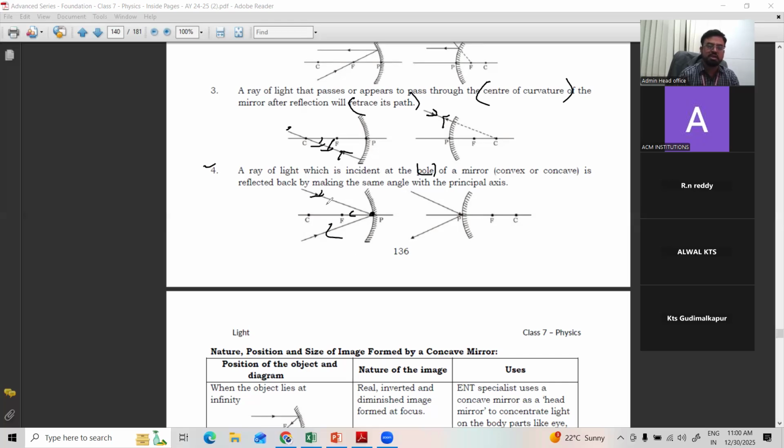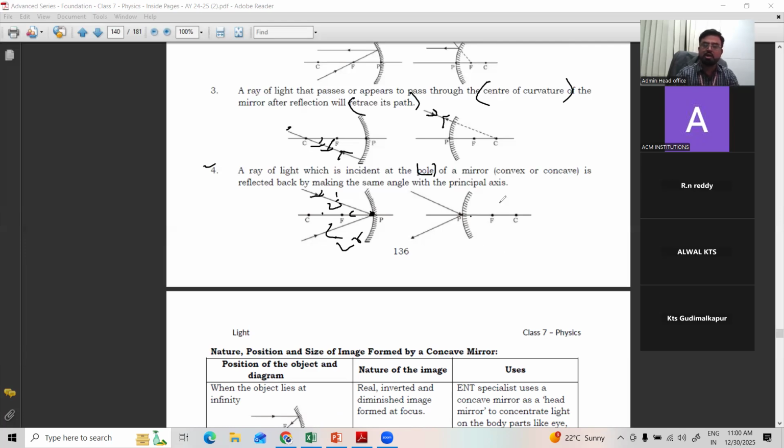So the angle of incidence is equal to the angle of reflection. With what angle you are incident at the pole, with the same angle it reflects back, on the other side of the principal axis, which satisfies the law of reflection: incident ray, reflected ray, and normal. Either it may be convex or concave, no matter.